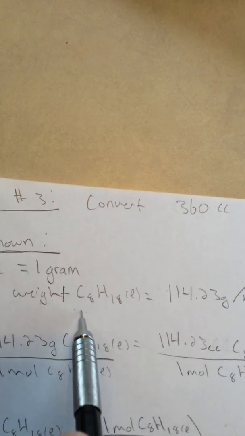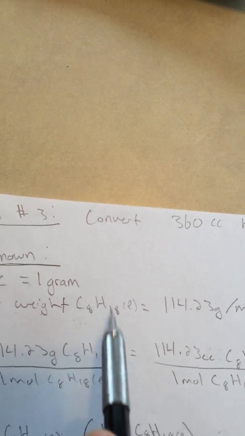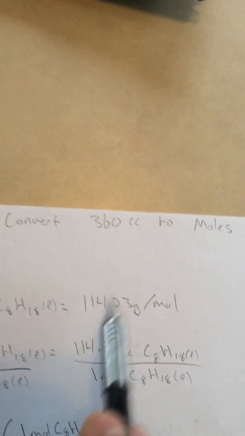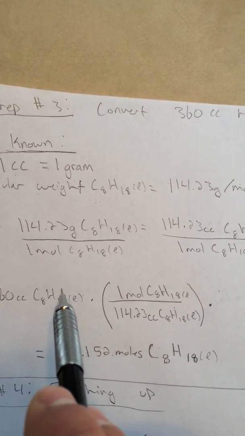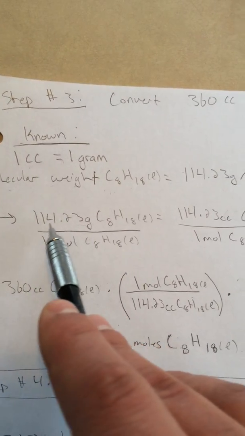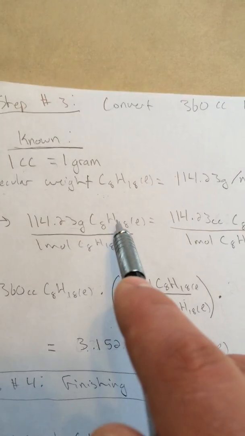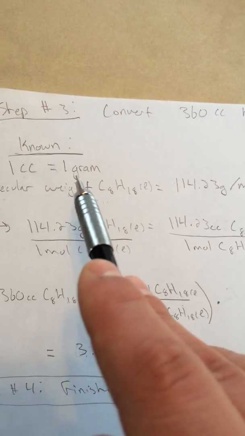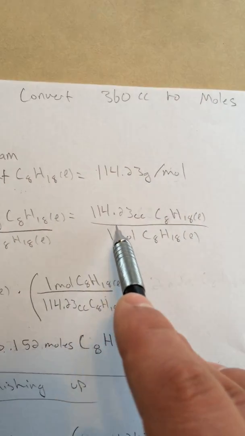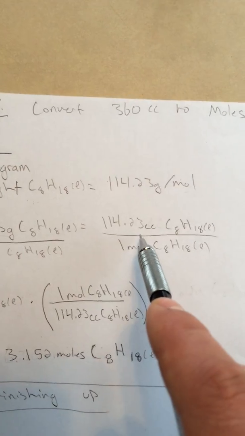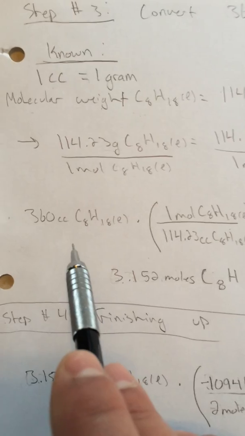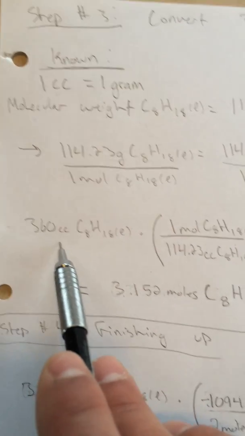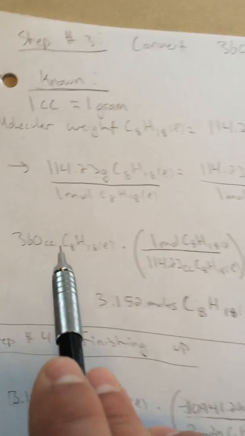So we do 12 times 8 plus 18 times 1.008, and that's how you get that number there. So using that number, we know that 114.23 grams of octane, because we have a 1-to-1 ratio, is going to be equal to 114.23 cubic centimeters of octane.